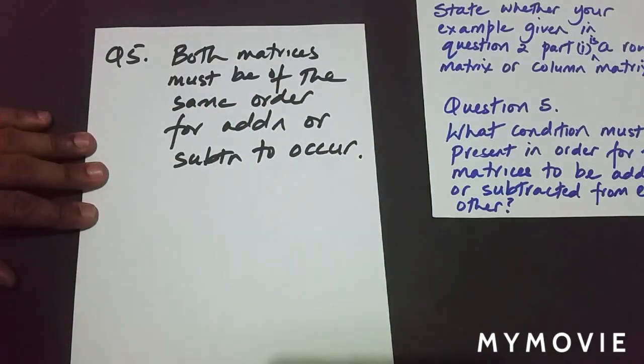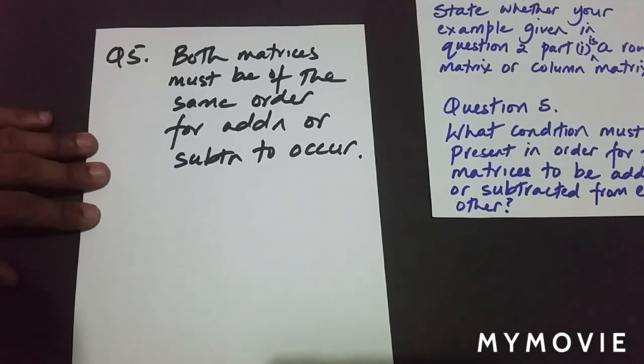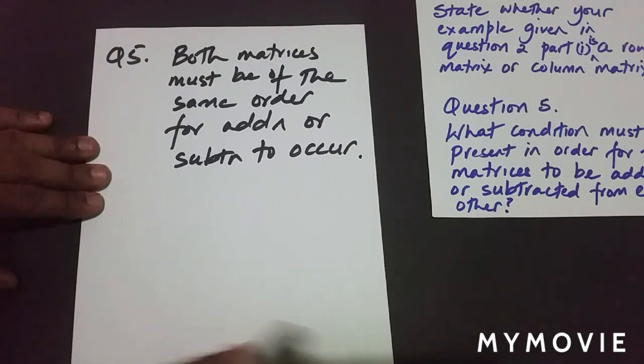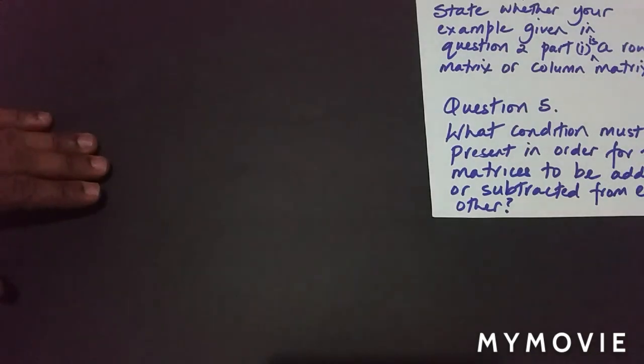Okay, so both matrices must be of the same order for addition or subtraction to occur, and that would have been the answer to question 5. All right, so we're on to question 6 now.